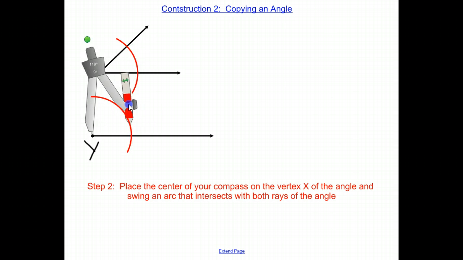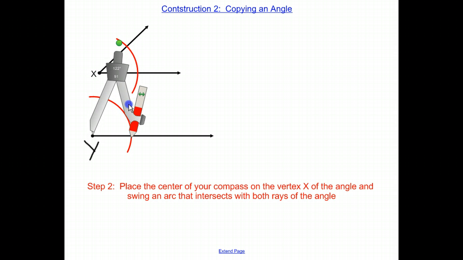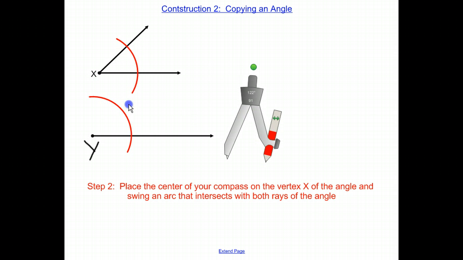The one difference is here, we want to make sure that the arc will, 1, intersect with our ray, and 2, extend past the length of our original angle. Notice that my arc here that I made on the ray Y is a little bit longer than the arc that I made on our original angle.